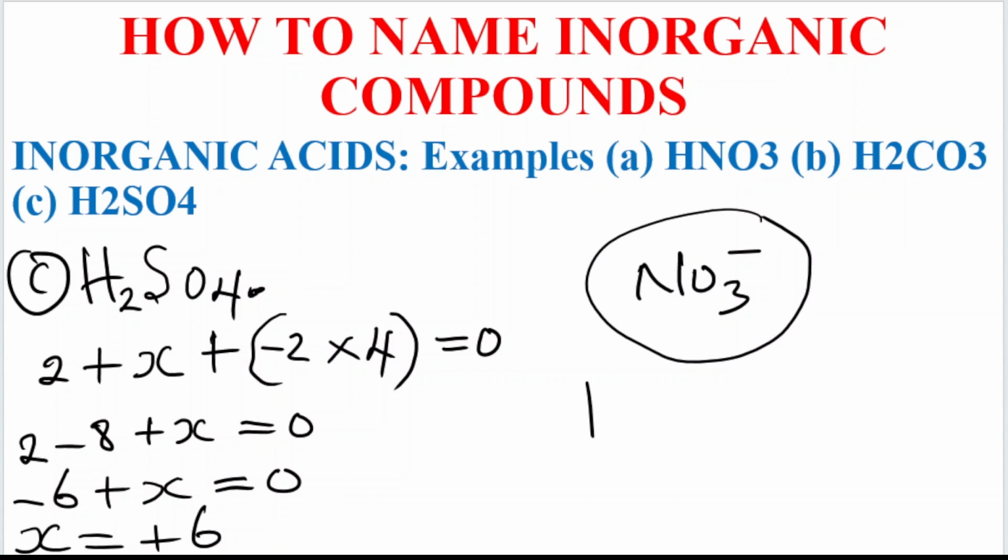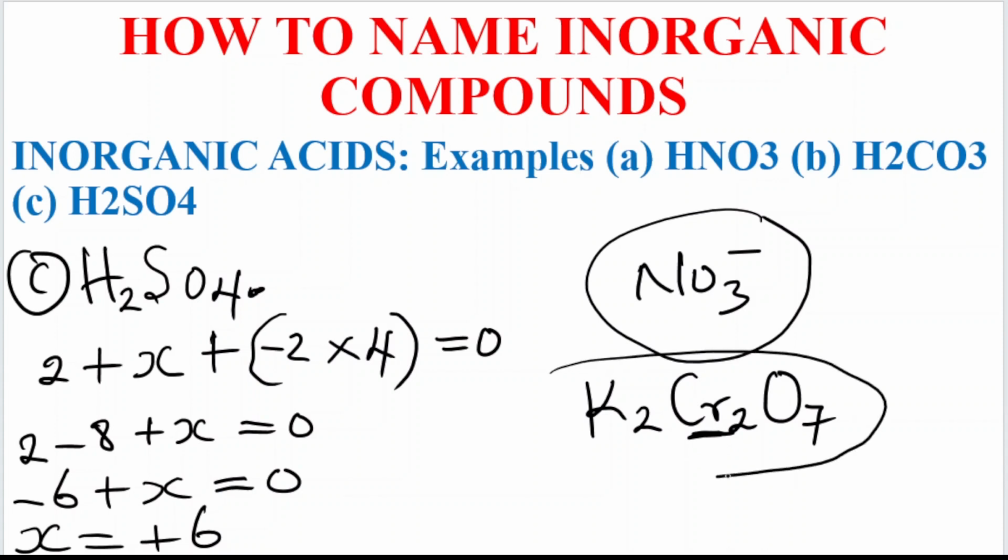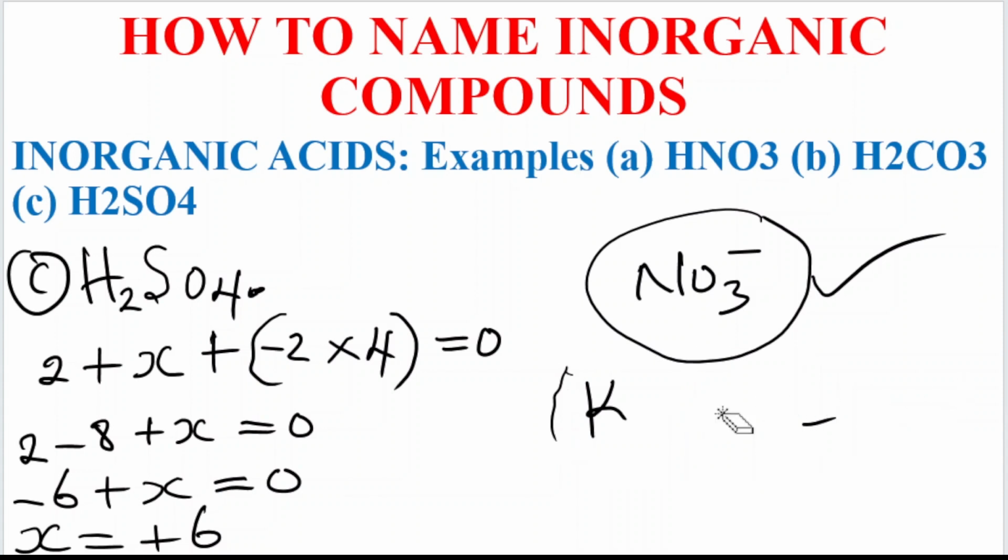For example, where we have K₂Cr₂O₇. Now this compound contains a transition element. It's not the same way we name this other one, so there's a slight difference. How can we calculate the charge in this case? My next video will be exploring how to do this. It is very easy and very simple.